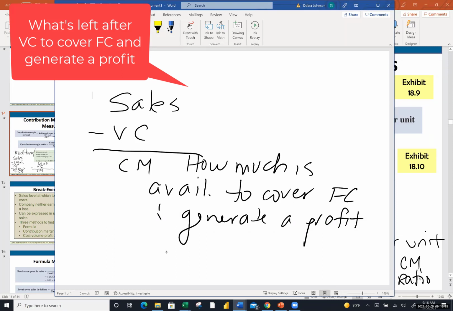Now, whether it's in total dollars or on a per unit basis, it's how much you have available to cover the fixed costs and generate a profit.